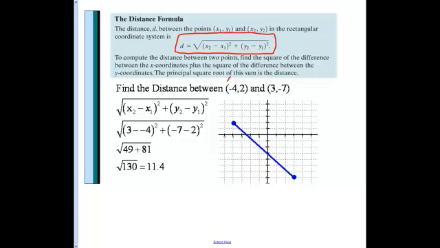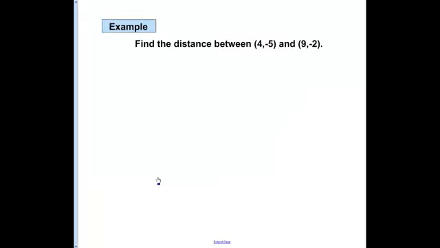So if we have two points, this will be P1, which is x1 and y1, and P2, which would be x2, y2. We put them in this formula, and we come out with an exact or an approximate value. And that's the length of that particular line. So let's look at this example.